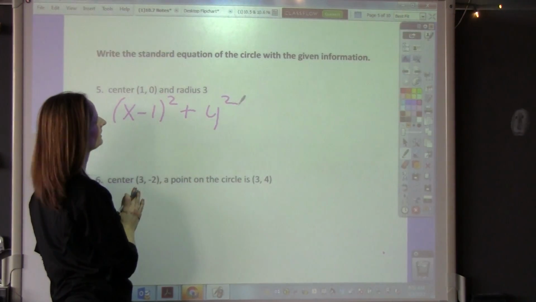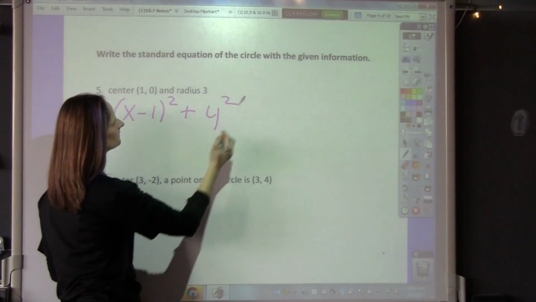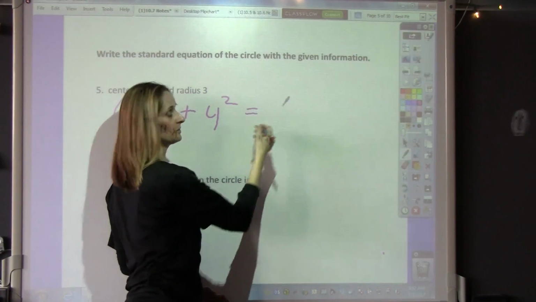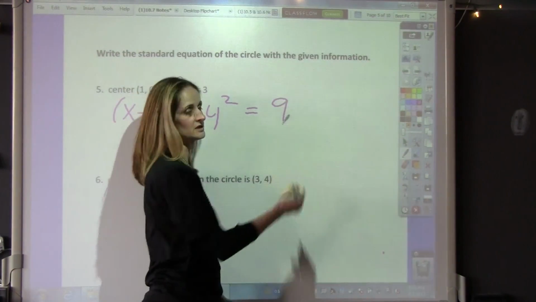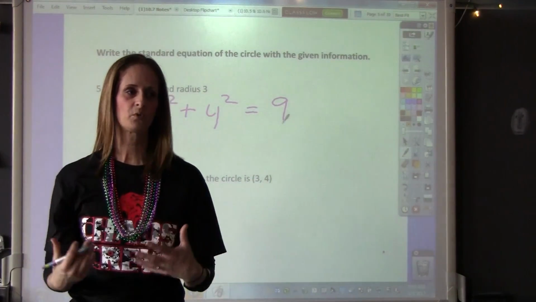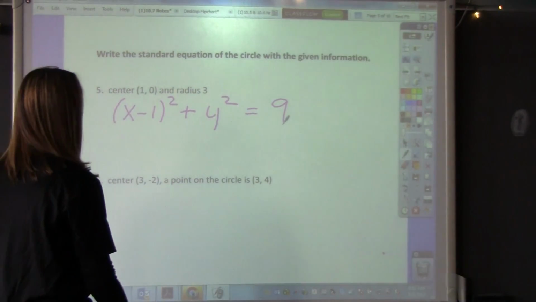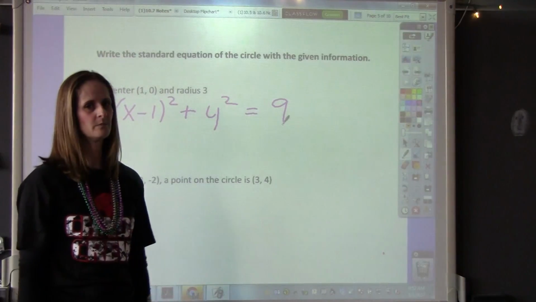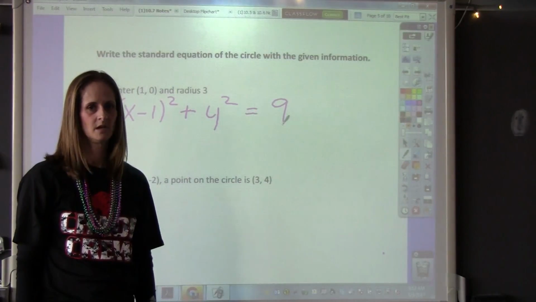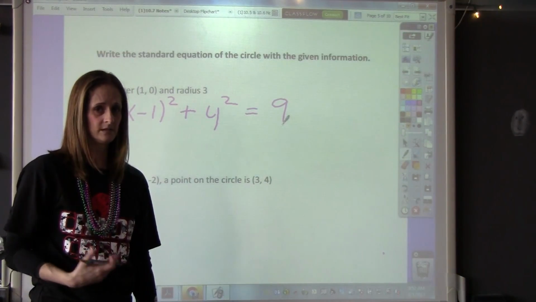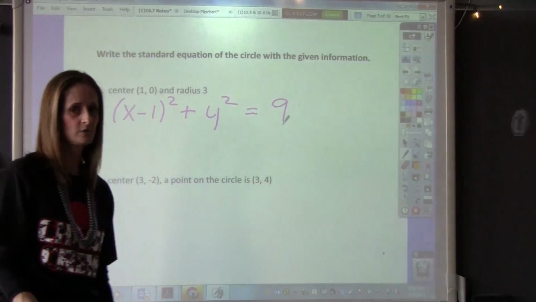Yeah. Equals 3 squared, or 9. You can put 3 squared or you can put 9. Either one is fine. I want you to get used to seeing it both ways. More likely you'll see a 9 there because a lot of people will take that 9 and, to find the radius, cut it in half rather than take the square root. So you got to know what you're doing.